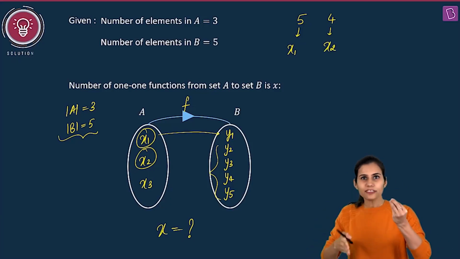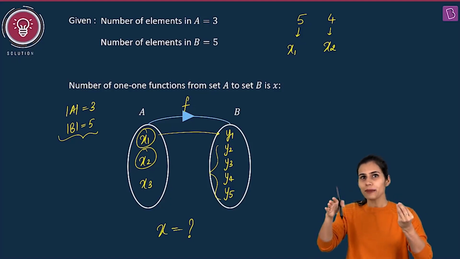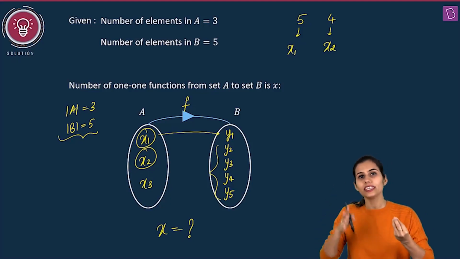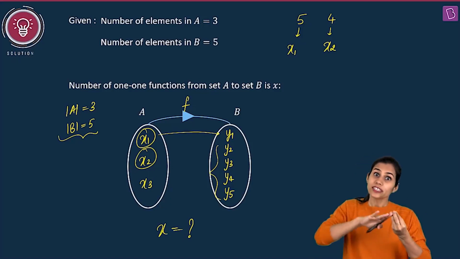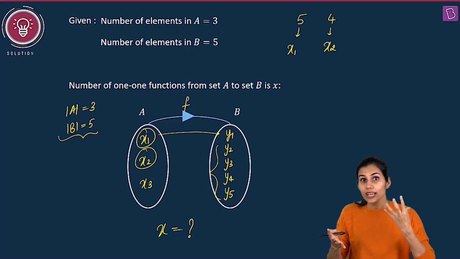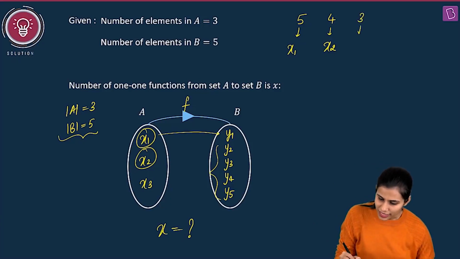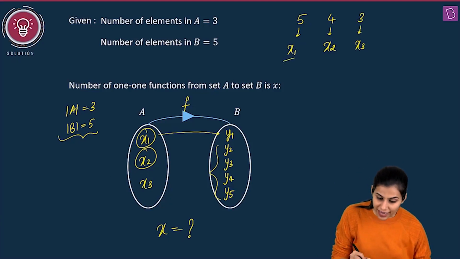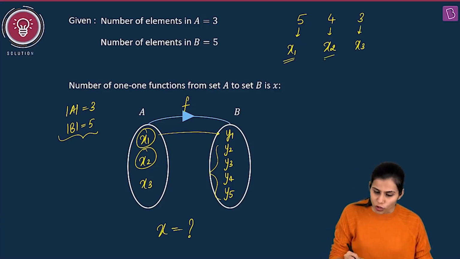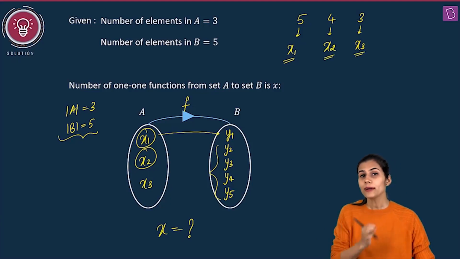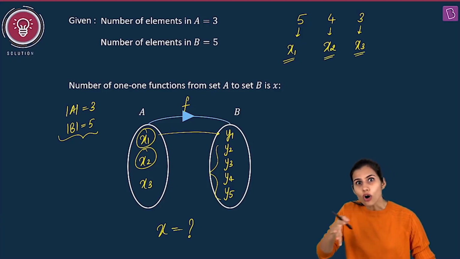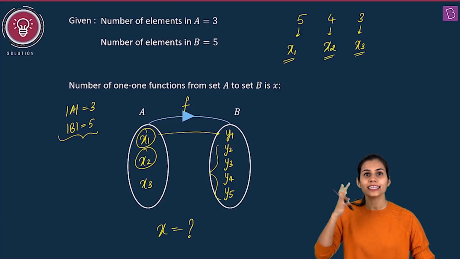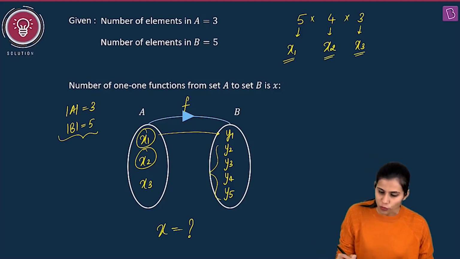So if x1 had 5 choices, once x1 has been mapped to any one member, now x2 has only 4 choices remaining. Now if x2 also is mapped to any one of these 4, x3 will have how many choices? 3 choices. So there are 3 ways to map x3. So individually, if there are 5 ways to do the first job, 4 ways to do the second job, 3 ways to do the third job, then the total number of ways of doing all the 3 jobs, the first and the second and the third, is 5 into 4 into 3.